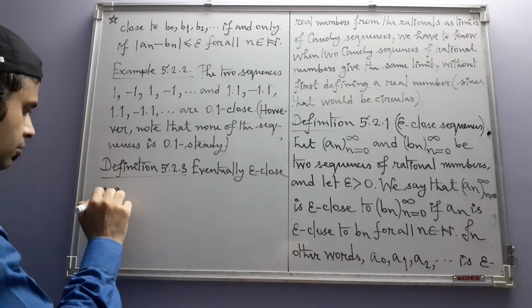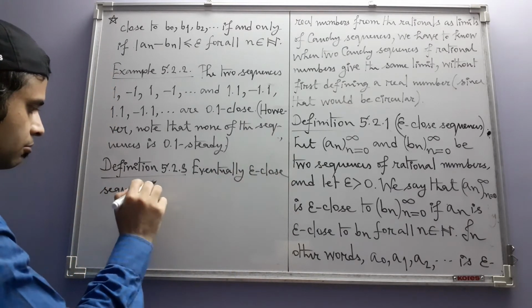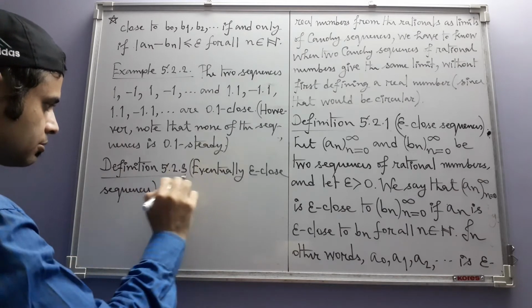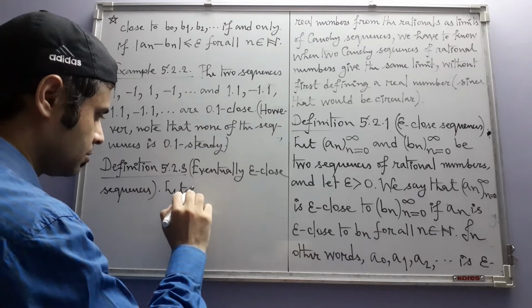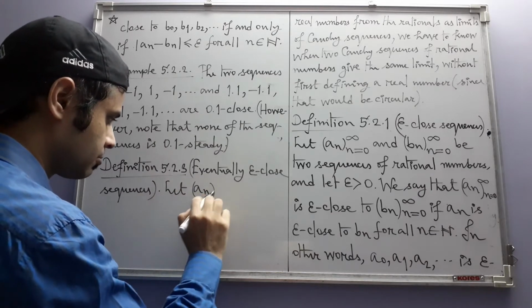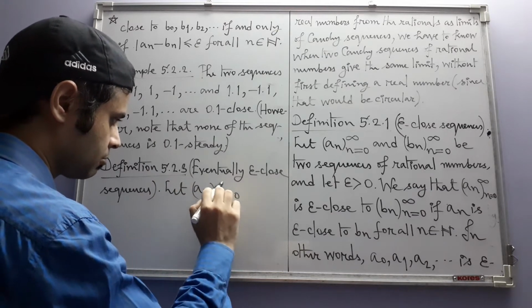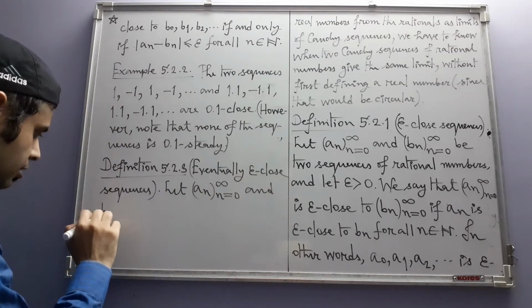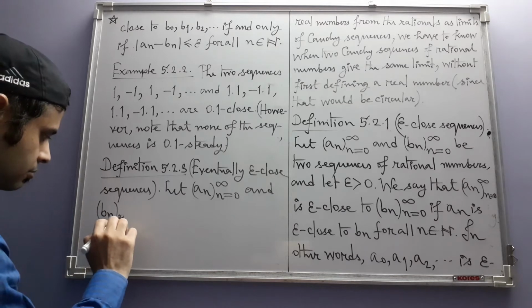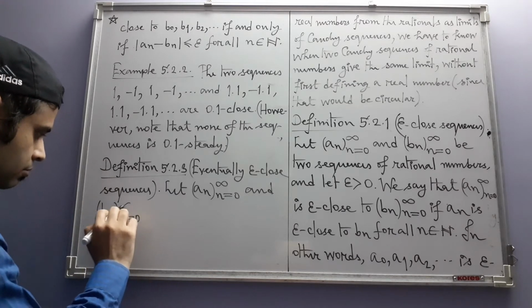Eventually epsilon close sequences. Let a_n and b_n.